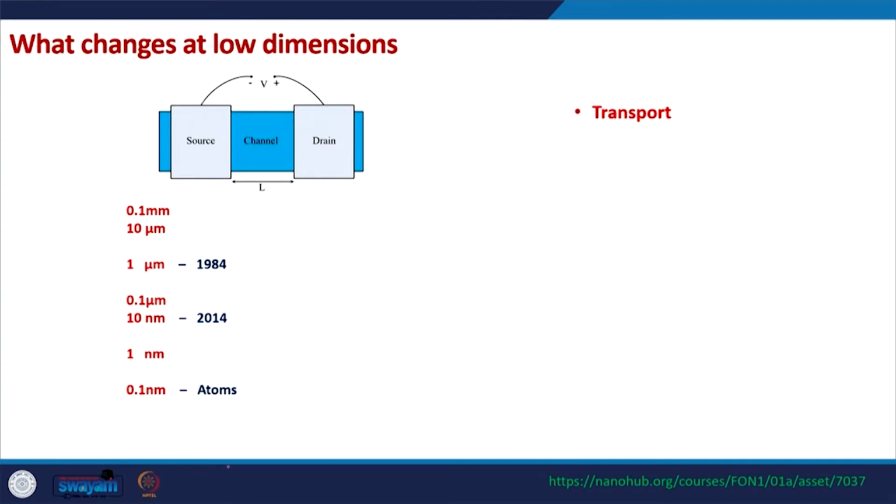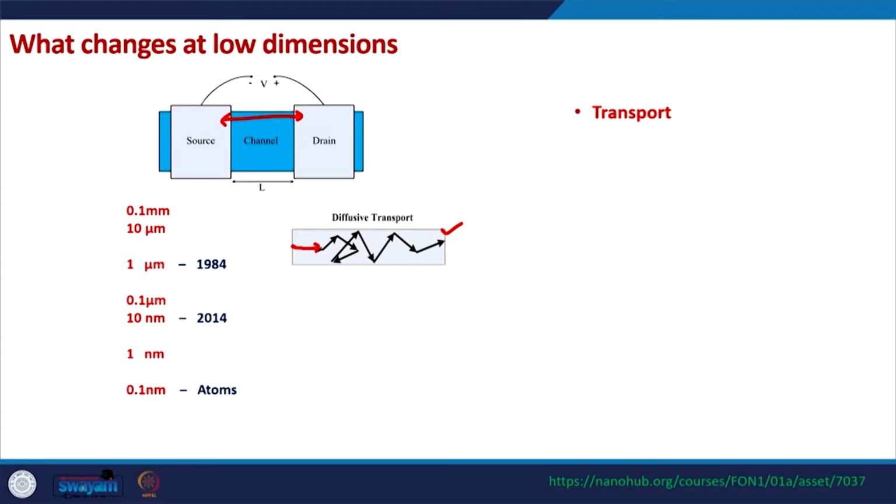When the electrons go from source to drain and the size of the channel is a few tens of nanometers, the transport of the electron is something like this. It starts from the source end and collides with many atoms in between, and because of these collisions the path of the electron is a zigzag, very random kind of path.